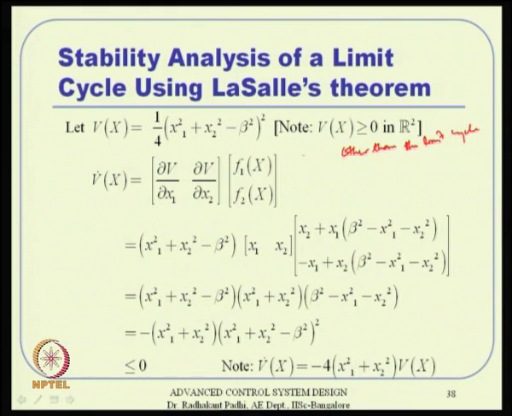Now, V of x is strictly greater than 0 as long as it is not on the limit cycle. If it is on the limit cycle, it is equal to 0, which is still true, so the statement is not wrong in general. V of x is greater than or equal to 0, that is true actually. But as long as you are not on the limit cycle, in any other direction you are going, V of x is positive actually.